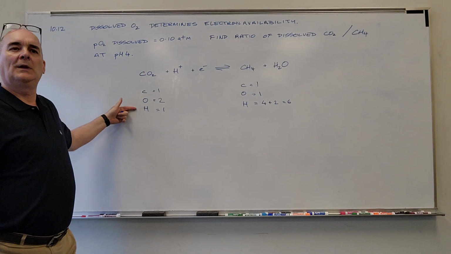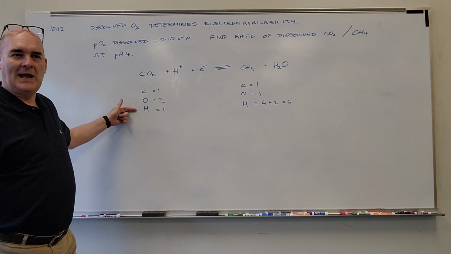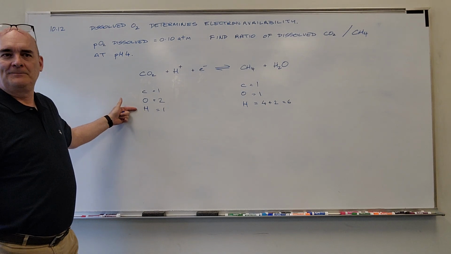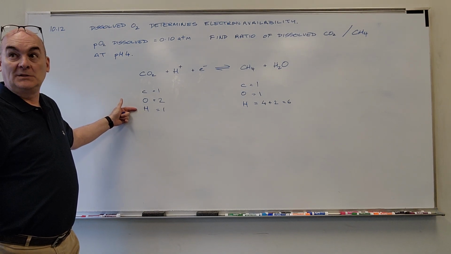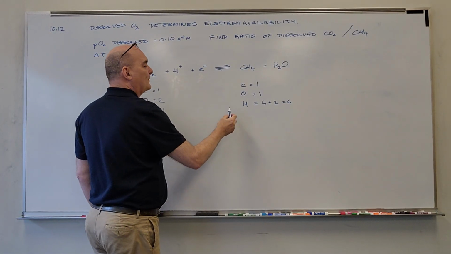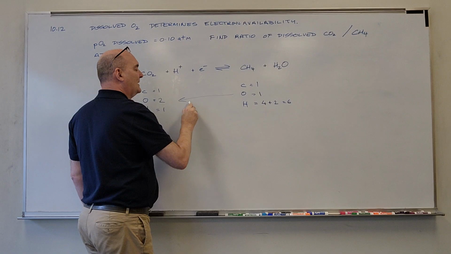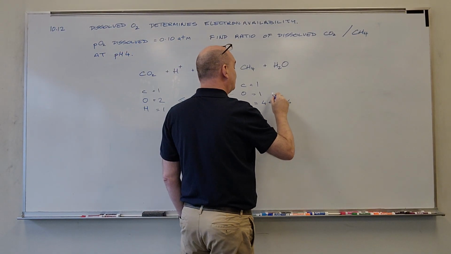What was the rule about making things balance? Do we divide them down or do we multiply them up? Yeah, what we teach is you always multiply up. So I have 2 here but 1 there, which means I need to multiply this side by 2.